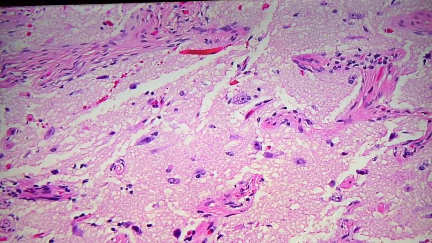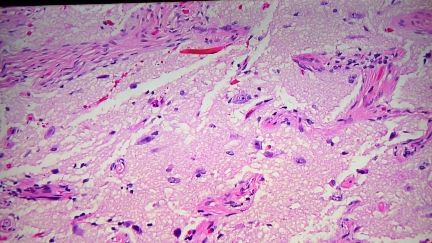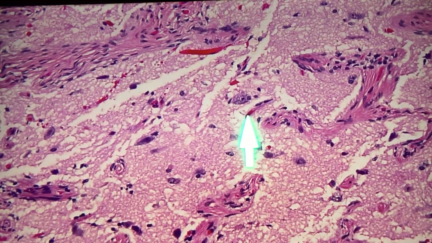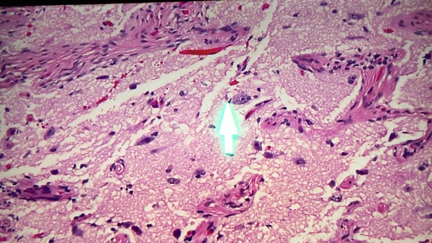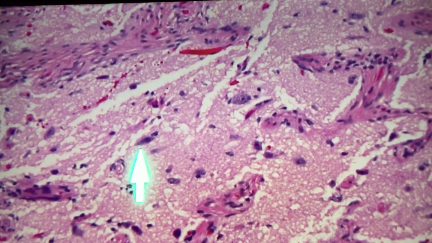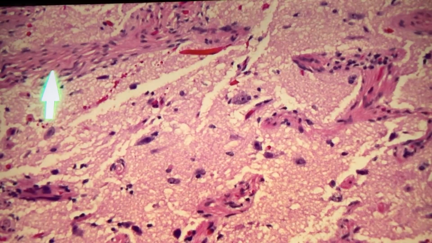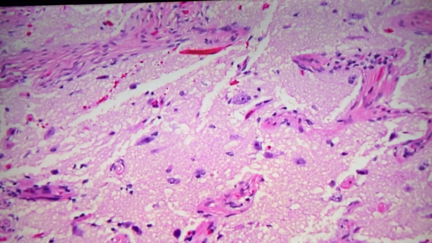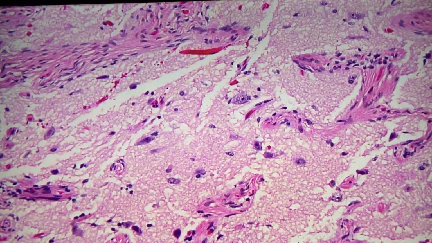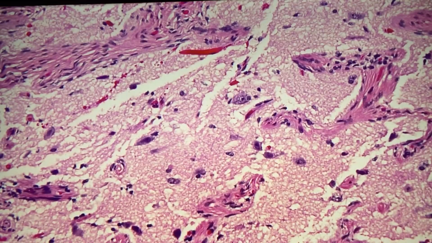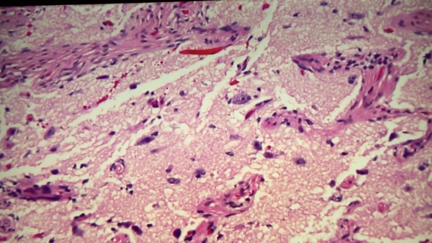So again, we have some cortical-looking brain parenchyma. Yeah, that's a neuron there, and then this spindly, sort of serpiginous-looking proliferation associated with blood vessels. So this is actually a really rare thing called meningioangiomatosis.